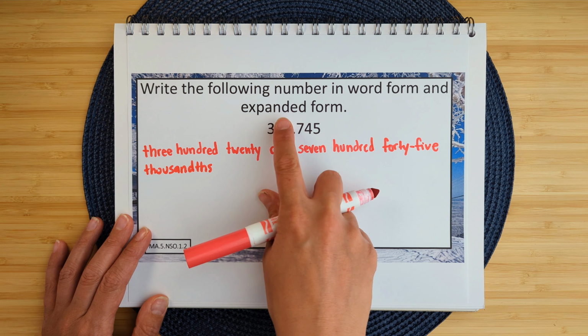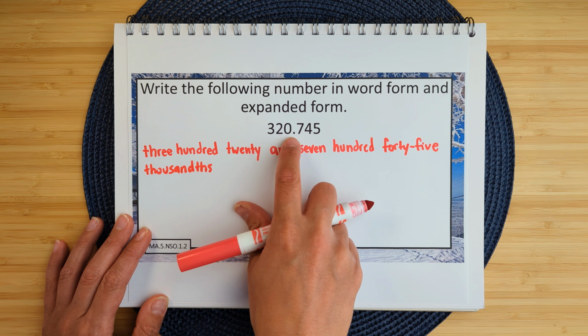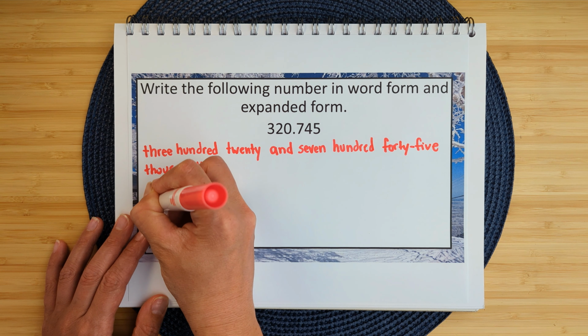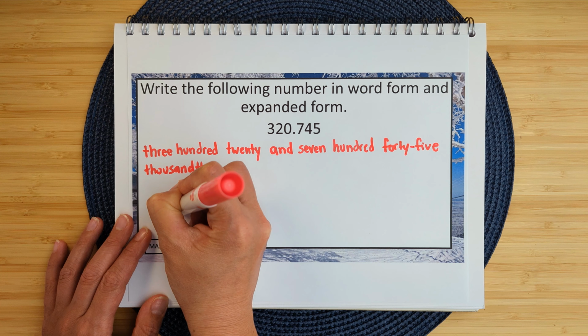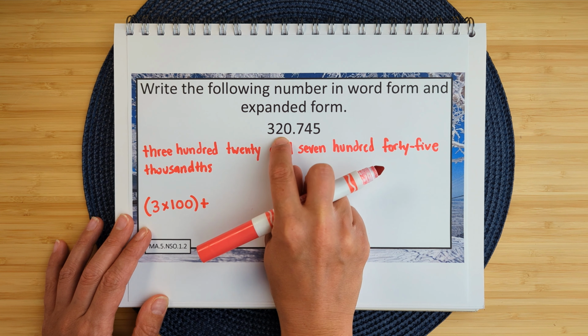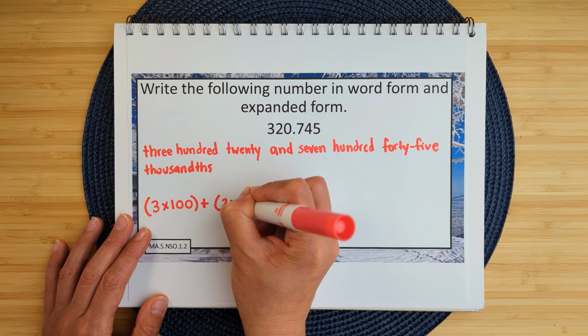Word form, check. Expanded form, I like to go place value by place value. So the 3 is in the hundreds place, so it's 3 times 100. Plus 2 is in the tens place, 2 times 10.